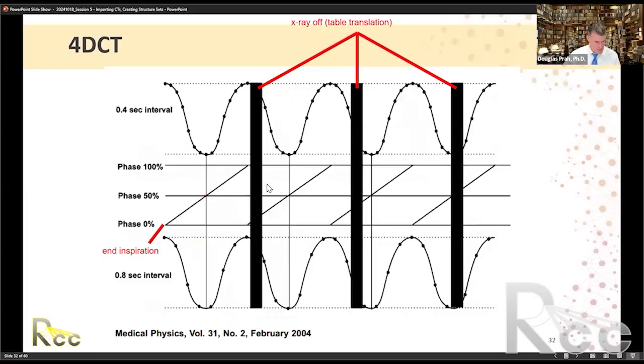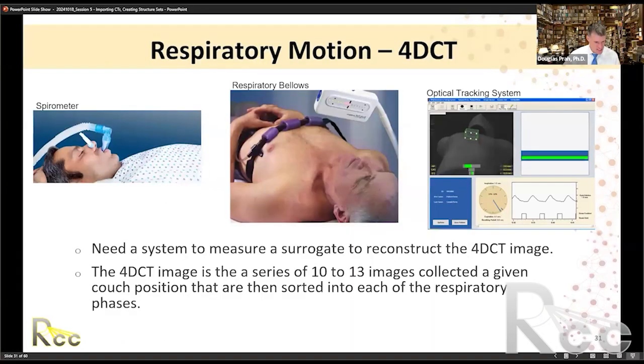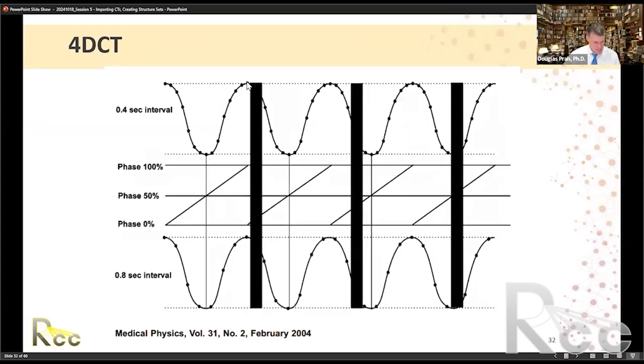What we are actually doing is collecting a scan, and between this respiration and this respiration, all of these little dots are the points in time for one couch position where we collect a CT scan. And this is the surrogate, the signal of the respiratory wave.